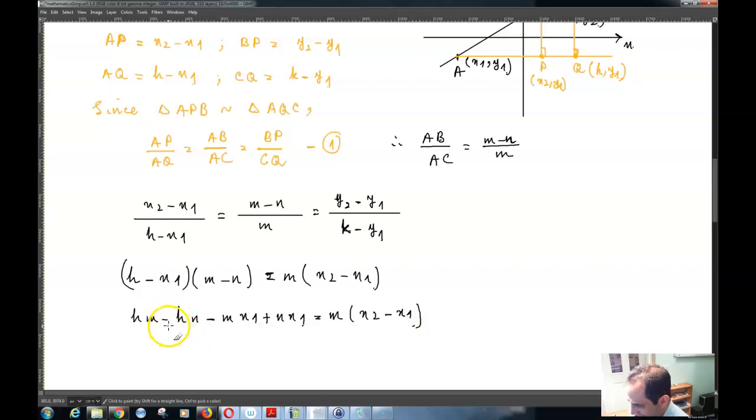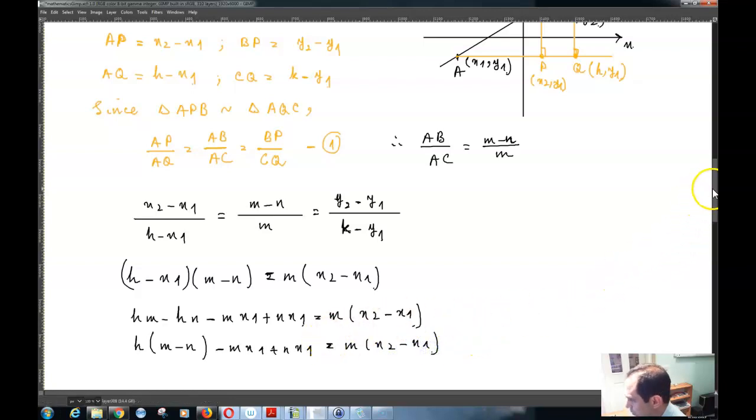So over here I can take an h out: h times (m minus n) minus m x1 plus n x1 is equal to m times (x2 minus x1).